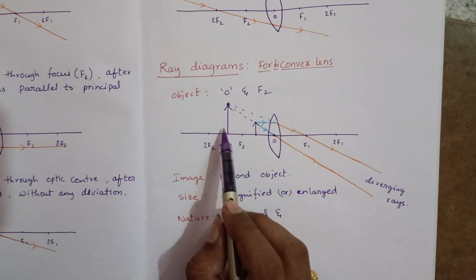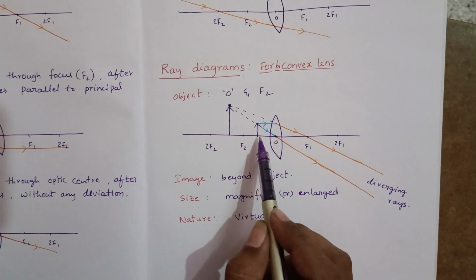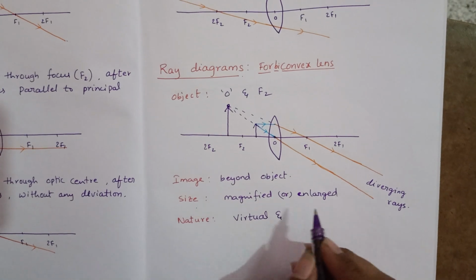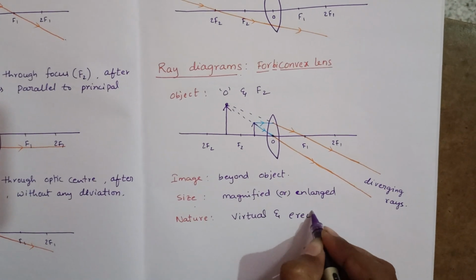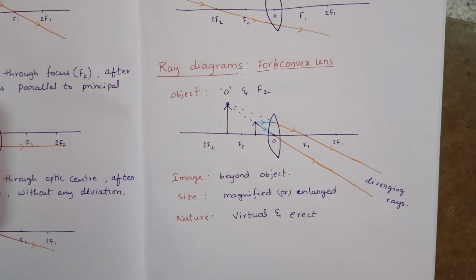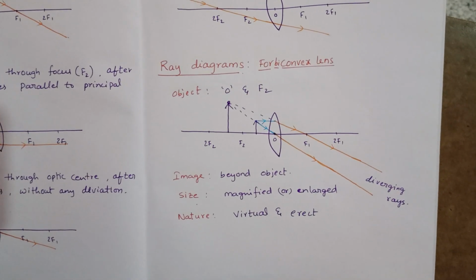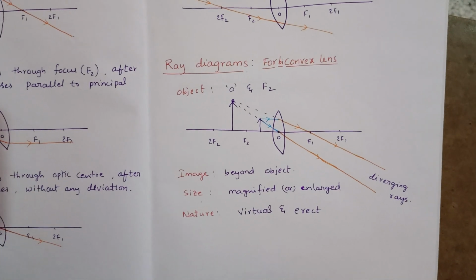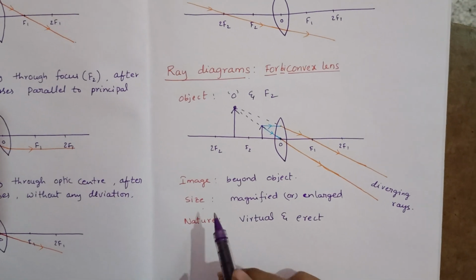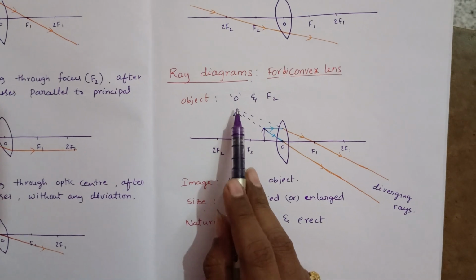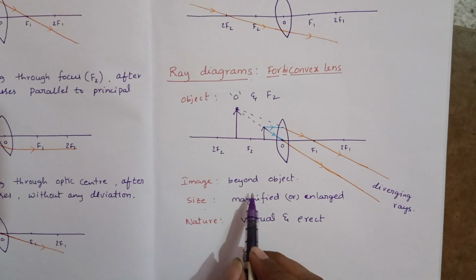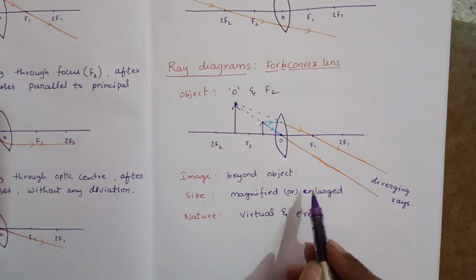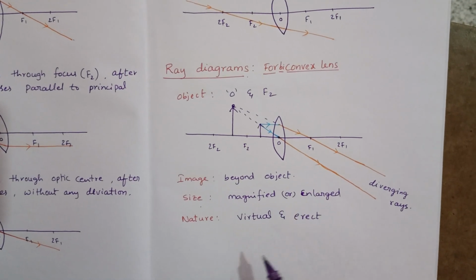As the object is an upward arrow, the image is also upward. So this is an upright image. It is known as erect. Okay. Object is placed between optic center and focus. Image formed beyond the object. Size magnified or enlarged. Nature is virtual and erect.